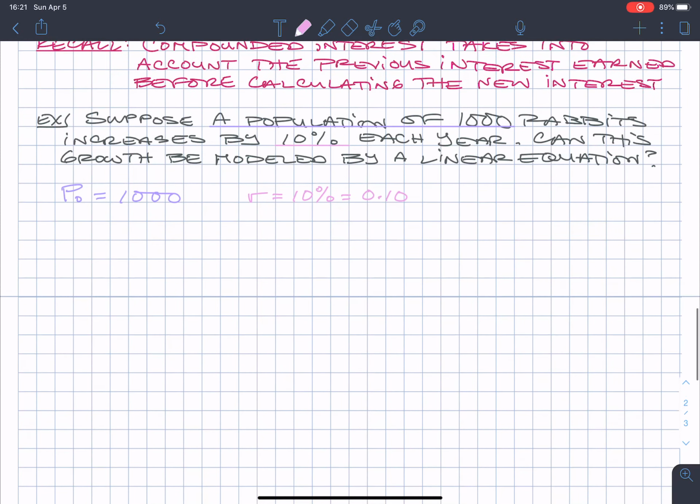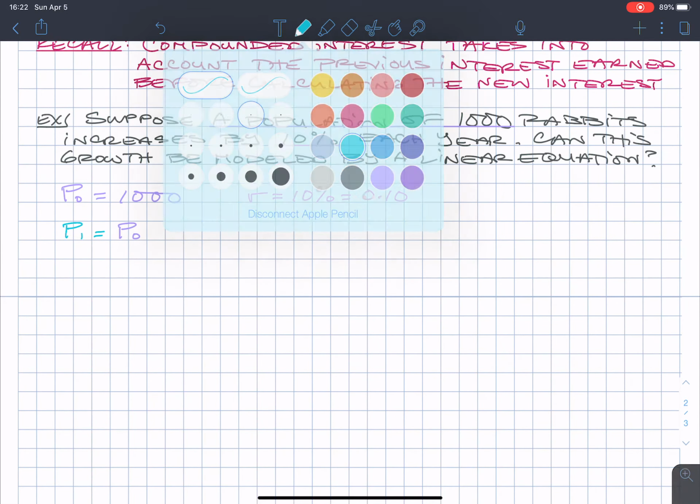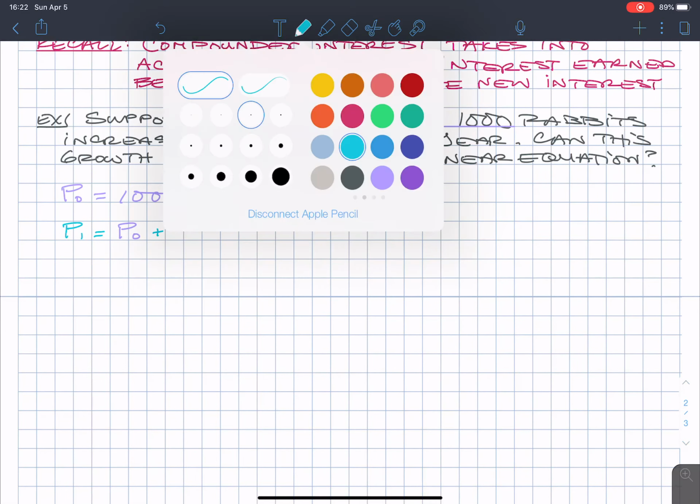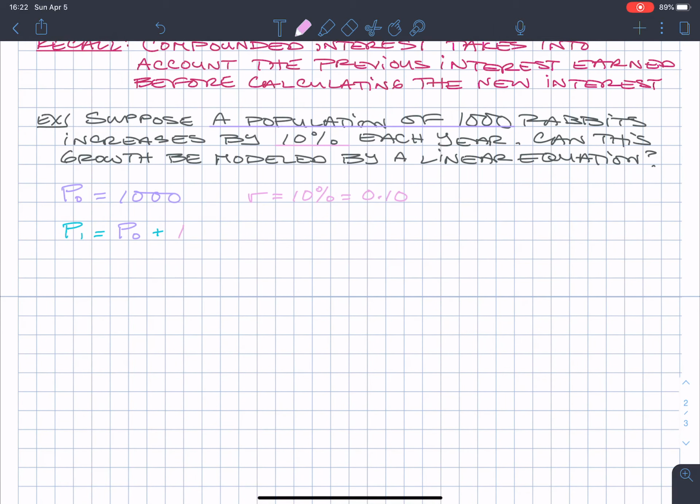Okay, so what is P1? Well, P1, of course, is going to be P naught, P sub 0. And then we're going to add to that 10% of P sub 0, right?